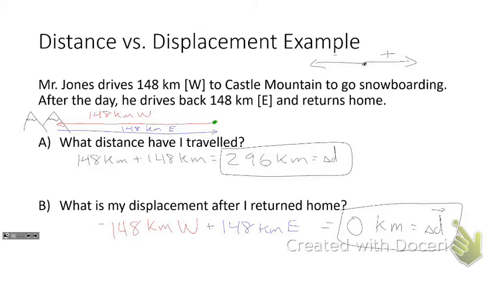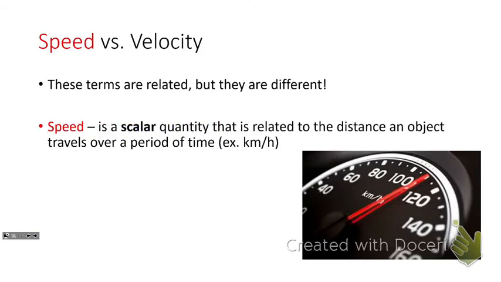Are we all good for distance and displacement? Yes? Okay. Good. Because now we are getting into speed versus velocity. Just like displacement and distance are related to one another, they're kind of the same thing.